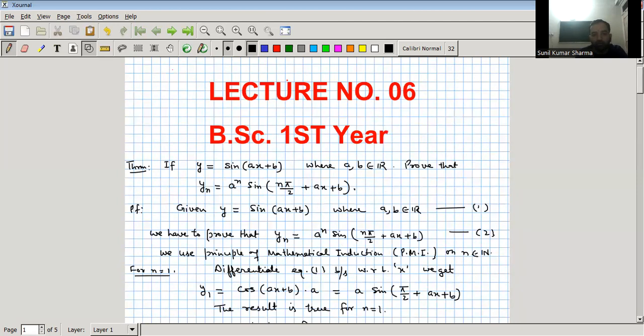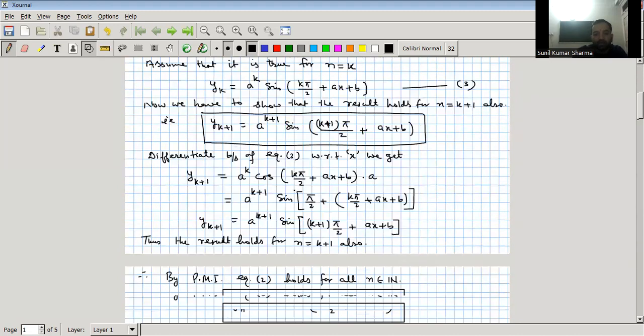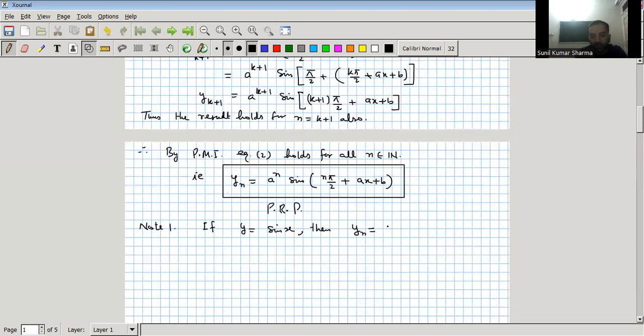So if we put a equal to 1 and b equal to 0, the derivative is 1 to the power n, that is 1, sin n pi by 2 plus 1 into x plus 0. So we get sin n pi by 2 plus x. So directly we can write the nth derivative: if y equal to sin x, then the nth derivative is sin n pi by 2 plus x.